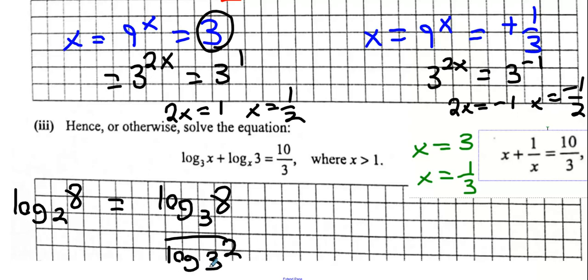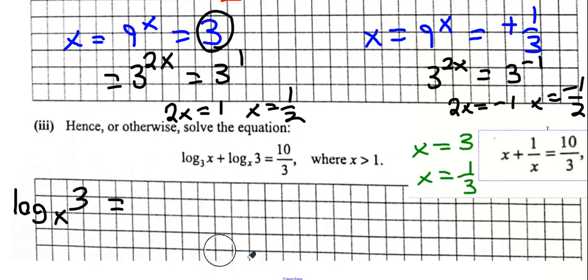Now, using the same logic, what could I turn log x base 3 into? Think about it. We could do it with 3 as a base, couldn't we? So what could I turn that into? Log 3 base 3 over log x base 3.